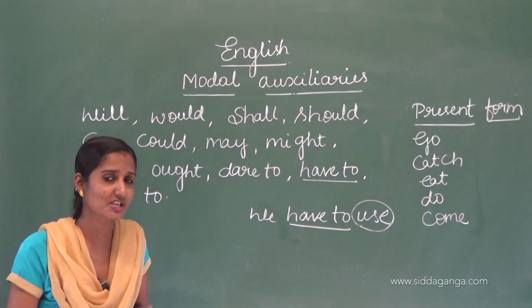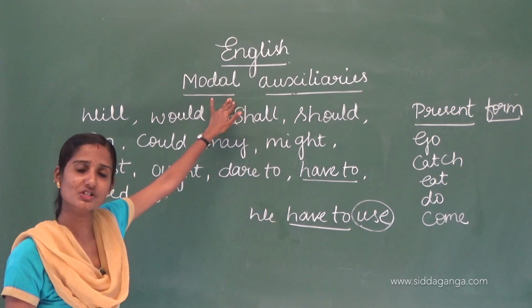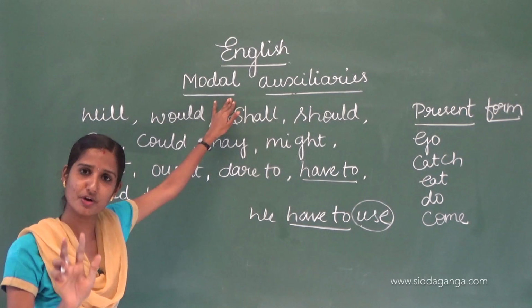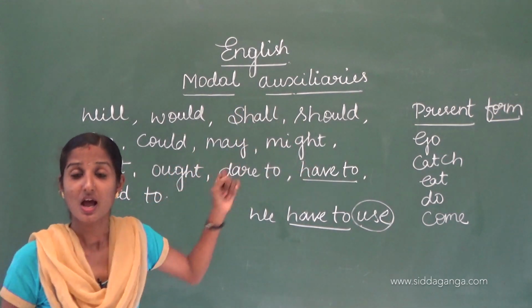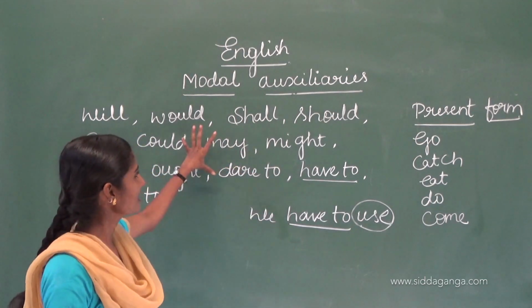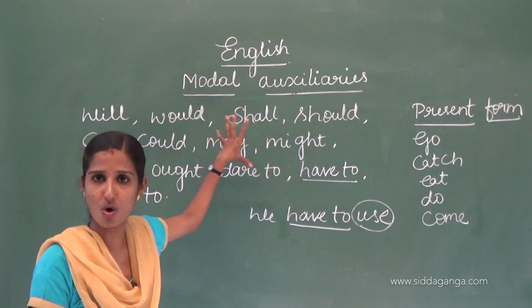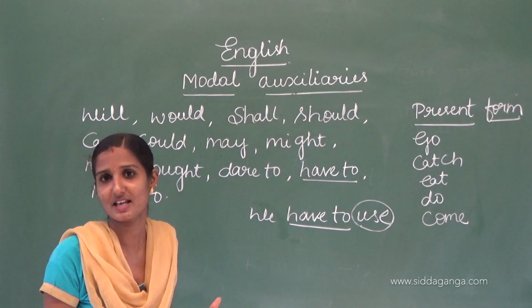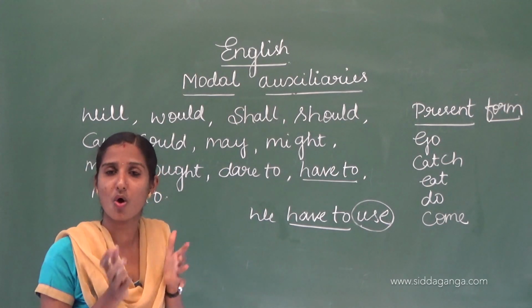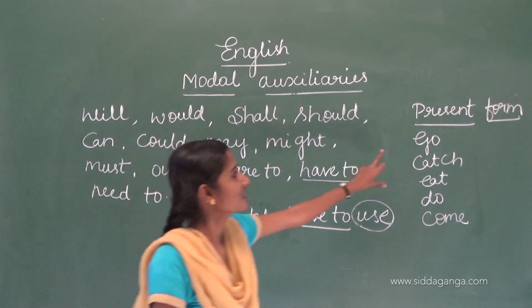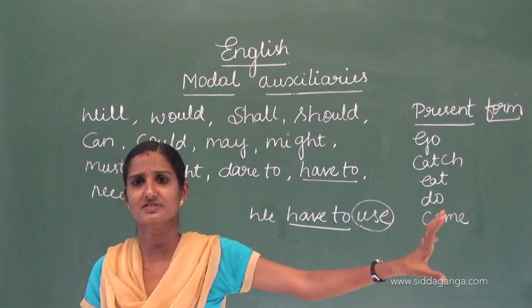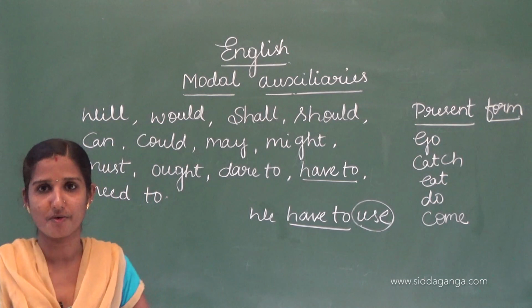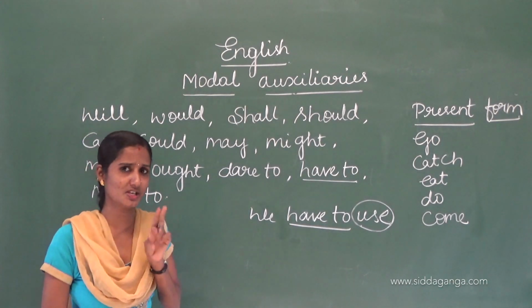Okay, the very first thing is modal auxiliaries are always helping verbs only. They won't play the role of a main verb. The second thing is they are always followed by the verb first form, that is the present form of the verb. These two things are important.